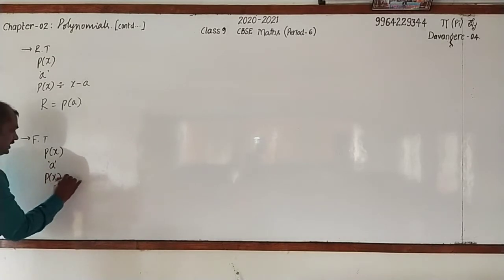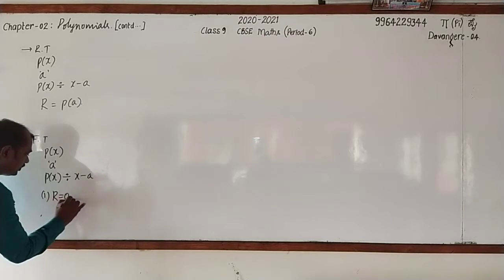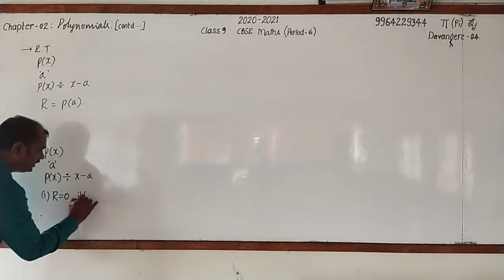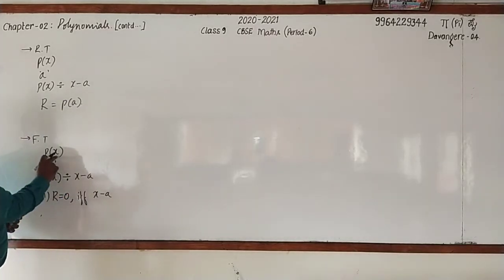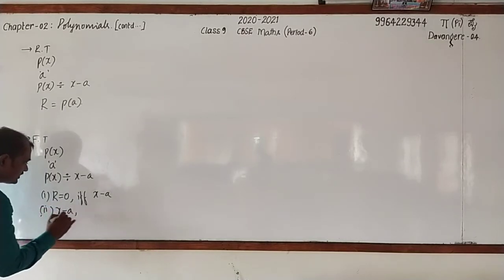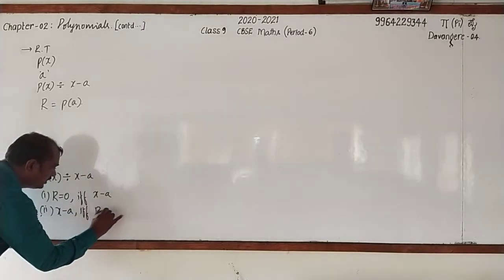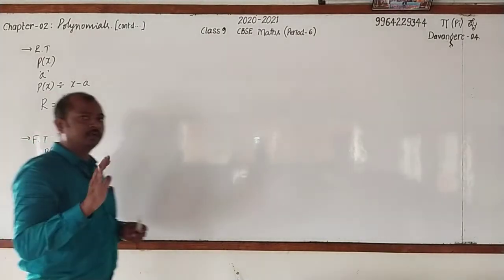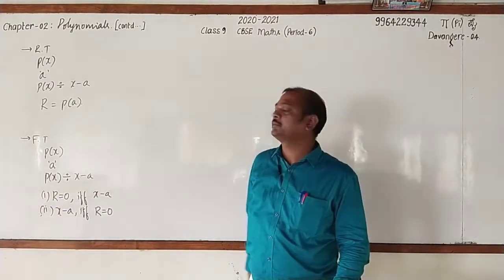If P of x is divided by the linear polynomial x minus a, then there are two cases. First, the remainder is equal to 0 if and only if x minus a is a factor of the given polynomial, that is P of x. And the second case, x minus a is a factor of P of x if and only if the remainder is 0. Clear? Yes, these are the two important theorems that must be learned.